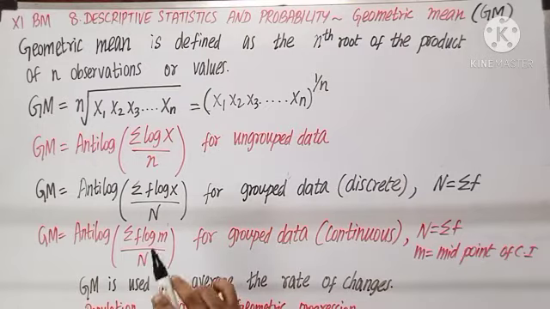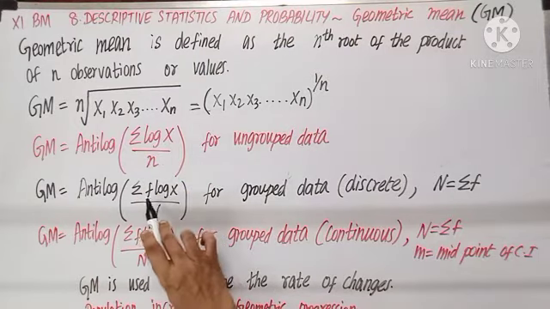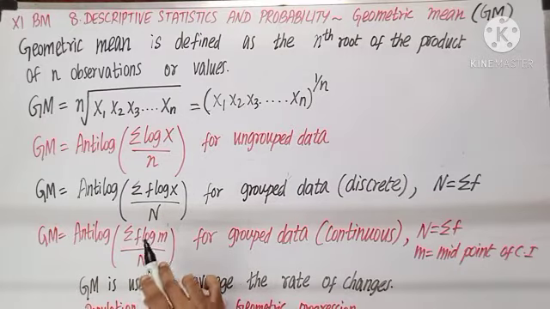So for doing geometric mean, you must be well aware of finding logarithm. Once you know to find logarithm, it is a simple process. You can use a calculator for multiplication, total and division.